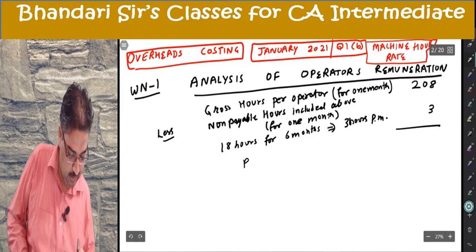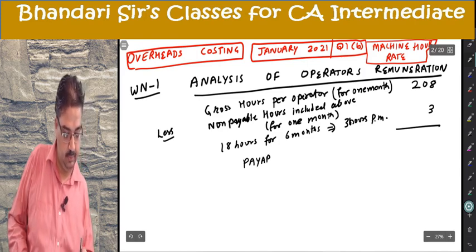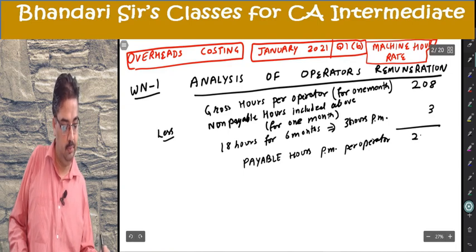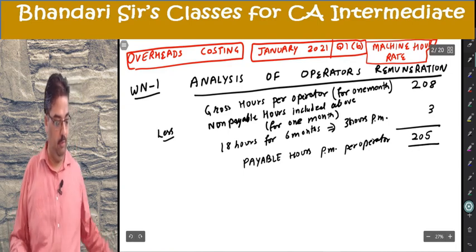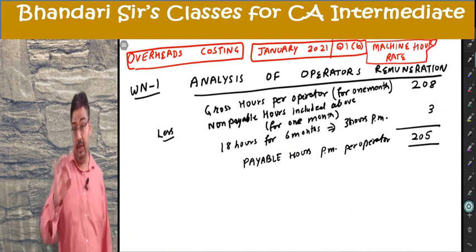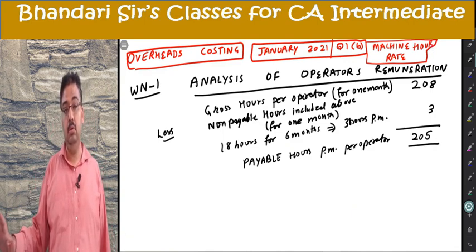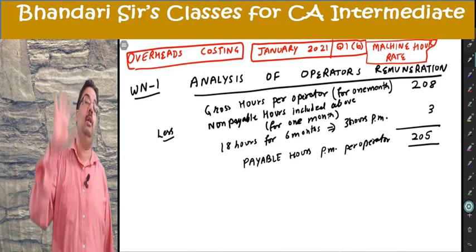So what I am getting? Payable hours per month, per operator, 205. And make it sure I am going to make annual cost statement for all operators together.